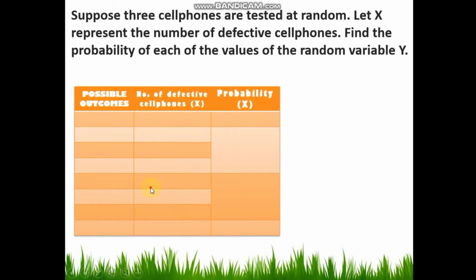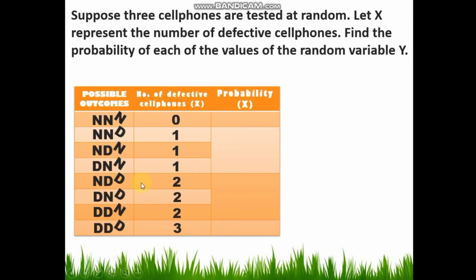It's either we have this. N for not defective, D for defective. So possible outcomes are not defective, all three not defective, not defective and defective, and so on. And we are considering the number of defective cell phones.